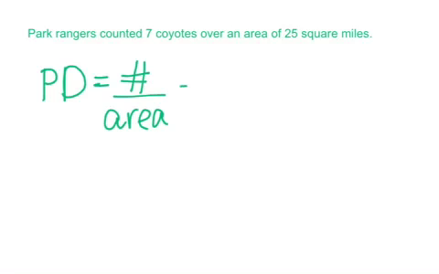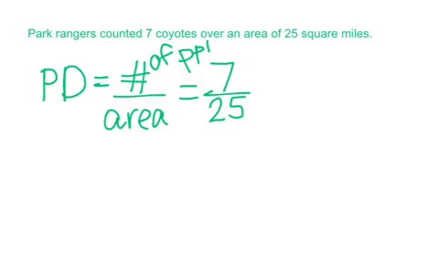So I'm going to have 7 coyotes, divided by the area, which was 25 square miles. So I just do 7 divided by 25, and that is equal to 0.28.